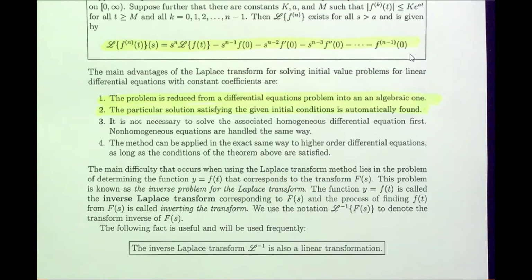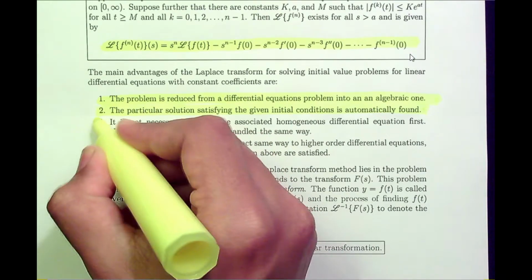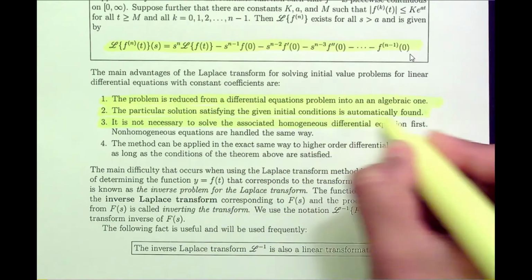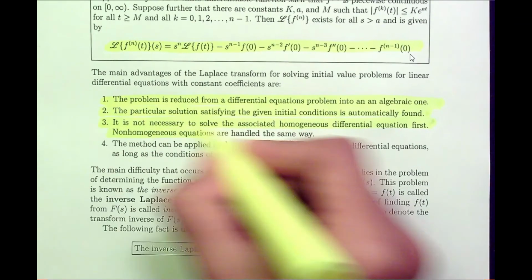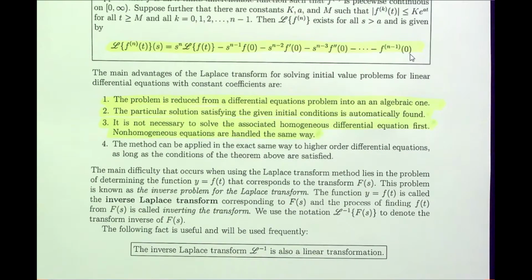Another advantage is that it is not necessary to solve the associated homogeneous differential equation first, and moreover, non-homogeneous equations are handled exactly the same way. You don't have to do this if it is homogeneous and then do that if it is non-homogeneous, or do the homogeneous case first and then handle the non-homogeneous case.